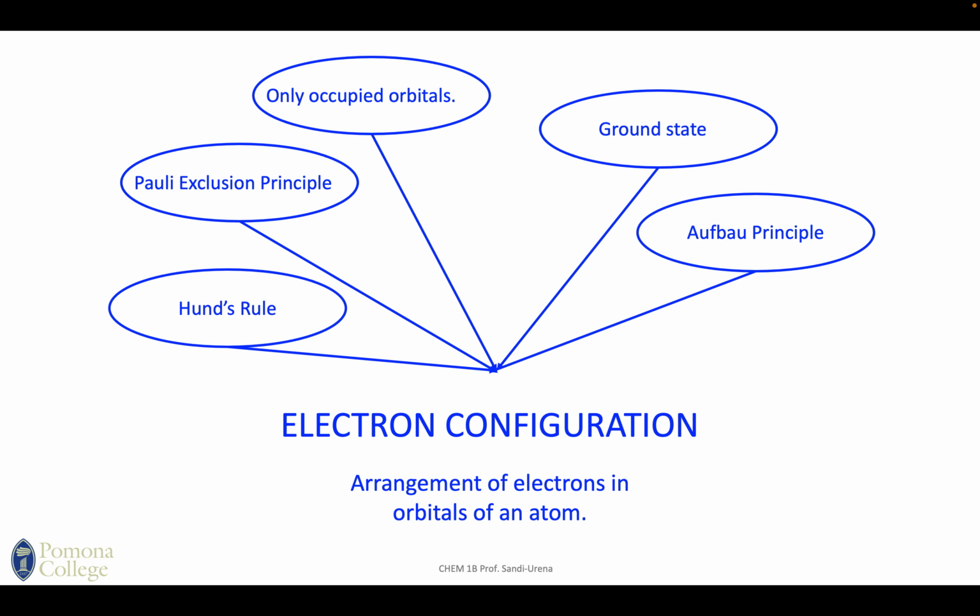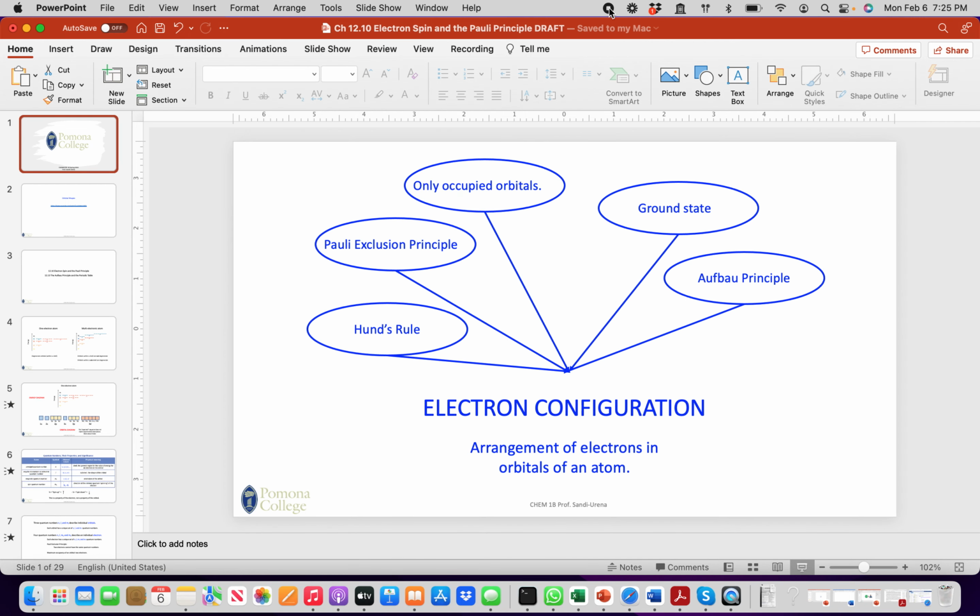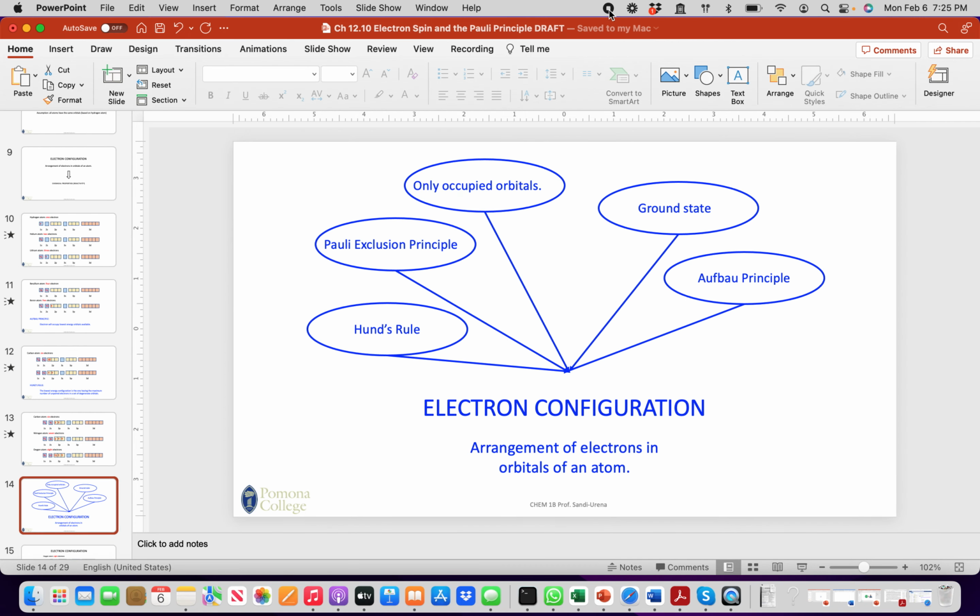And all these ideas put together will give us a correct electron configuration, which will allow us to explain chemical reactions and predict chemical behavior. We're going to stop this video right here and continue shortly with another one.